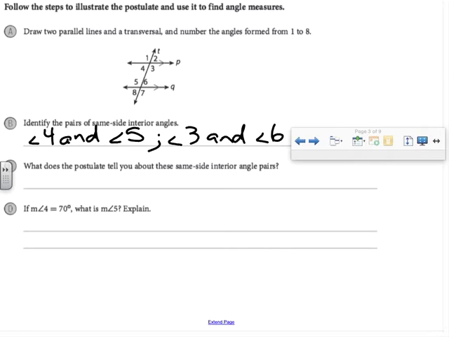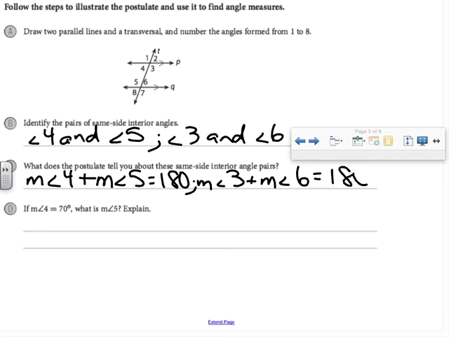So what does the postulate tell us about these same side interior angle pairs? Once again, it means that the measure of angle 4 plus the measure of angle 5 equals 180. Similarly, the measure of angle 3 plus the measure of angle 6 will equal 180.